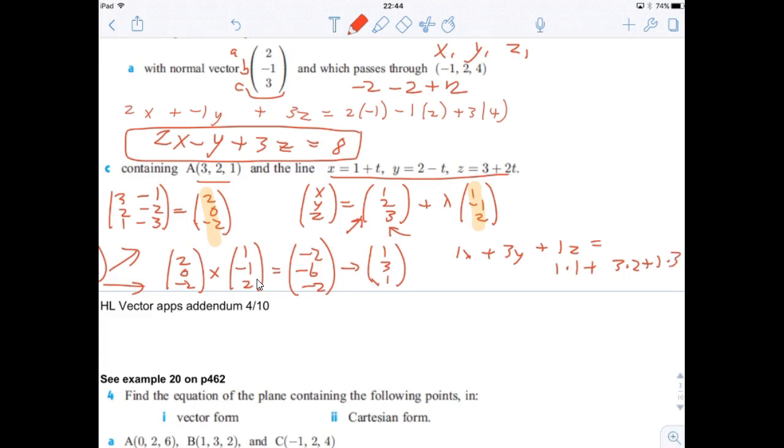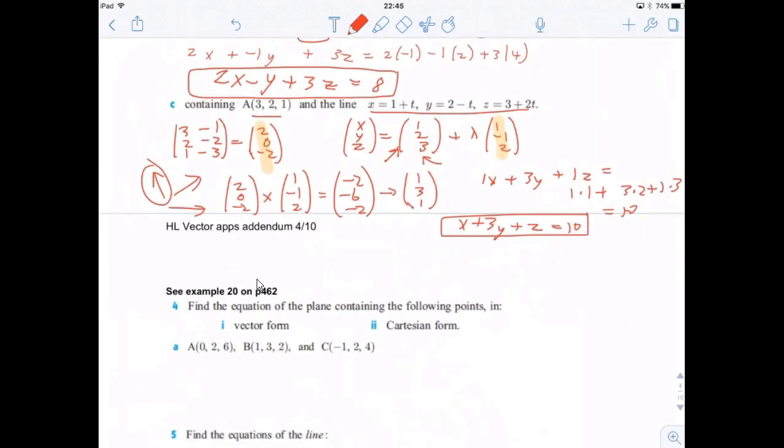So the right side of the equation will become 1 plus 6 plus 3, which is 10. So our equation becomes x plus 3y plus z equals 10. All right.